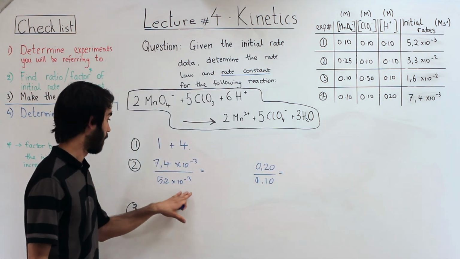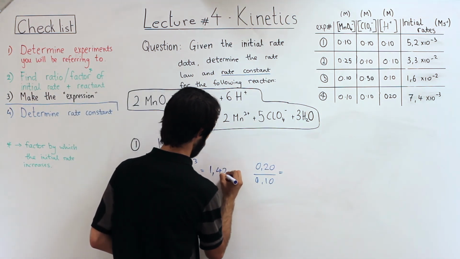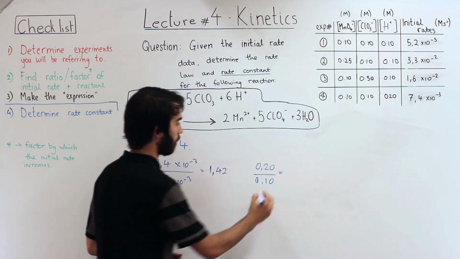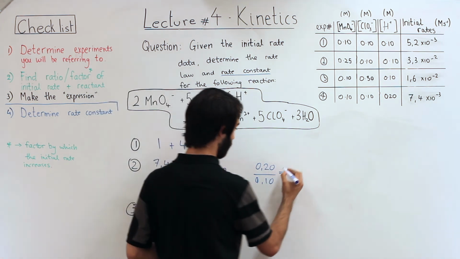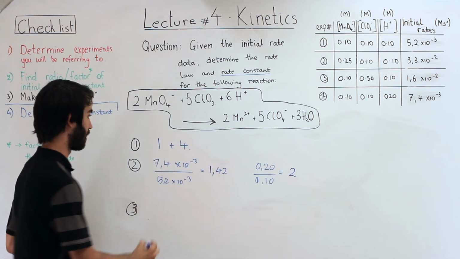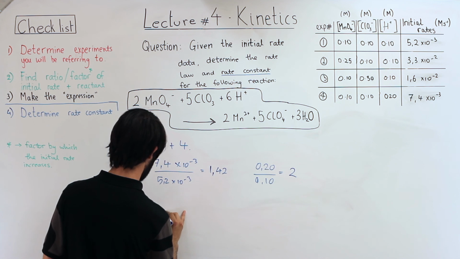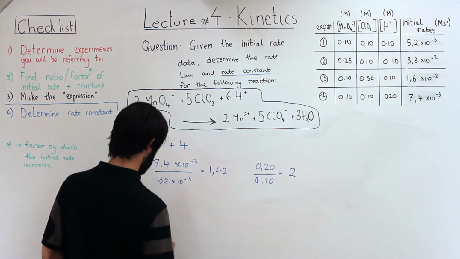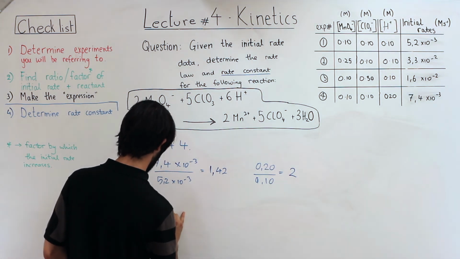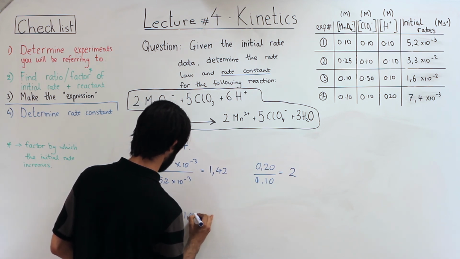Okay, now we have these ratios. So this is 1.42, and this is 2. Now making our expression: 2 to the power of, say, z this time, equals 1.42.